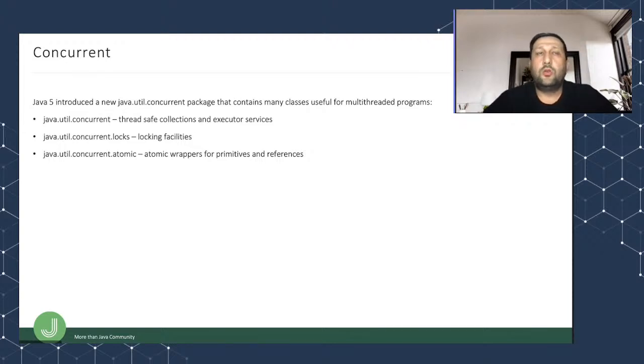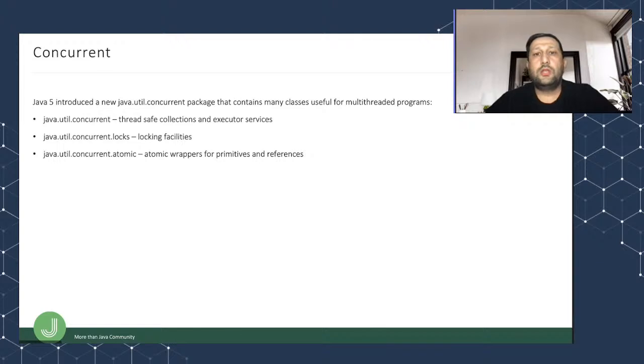They are executor services, safe collections which are very optimized for concurrency and multi-threading, and the locking framework, which is very useful and very extensive in comparison to the synchronized keyword. And in the concurrent atomic package, they added atomic wrappers for primitives and references.